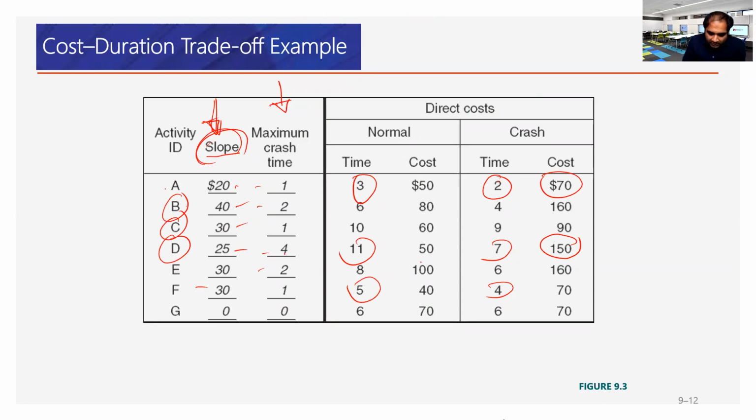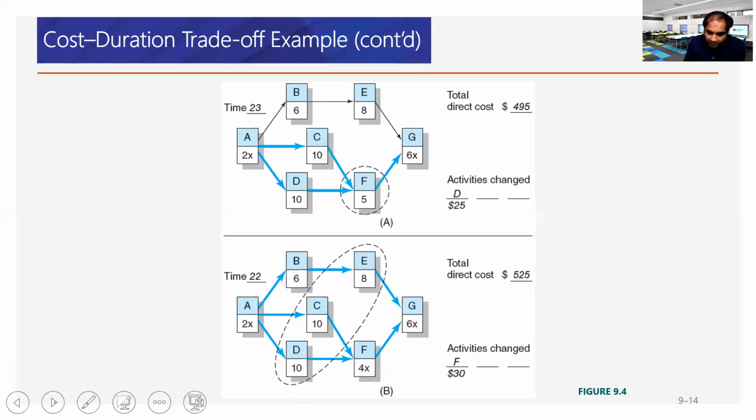This is the maximum crash time with the minimum cost. So if you reduce D by 1 day, now we have the duration of D at 10 days here. That will increase the total project cost to 495. Now we have a duration of 23 days.